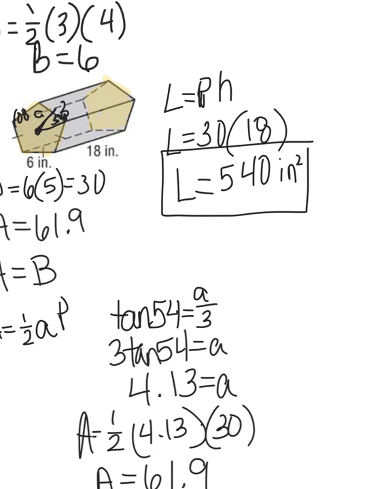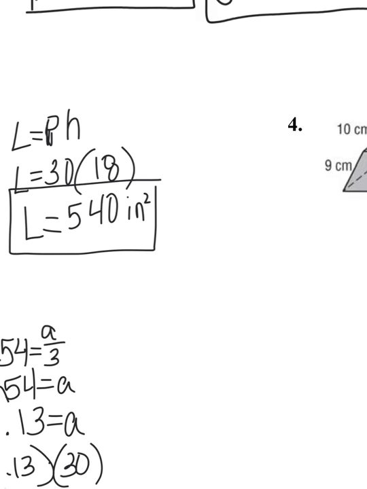Now total surface area, I'm going to take my lateral and add 2 of my bases. So total surface area is PH plus 2B. On your formula chart, it's going to have the total surface area formula, but just realize this is lateral plus 2B.